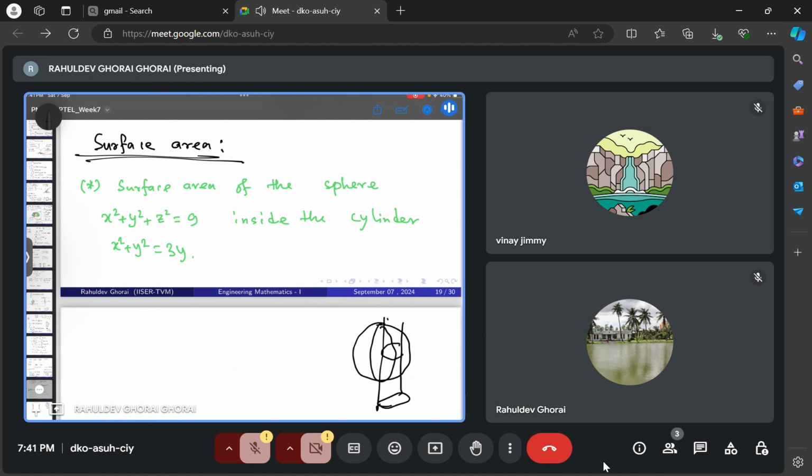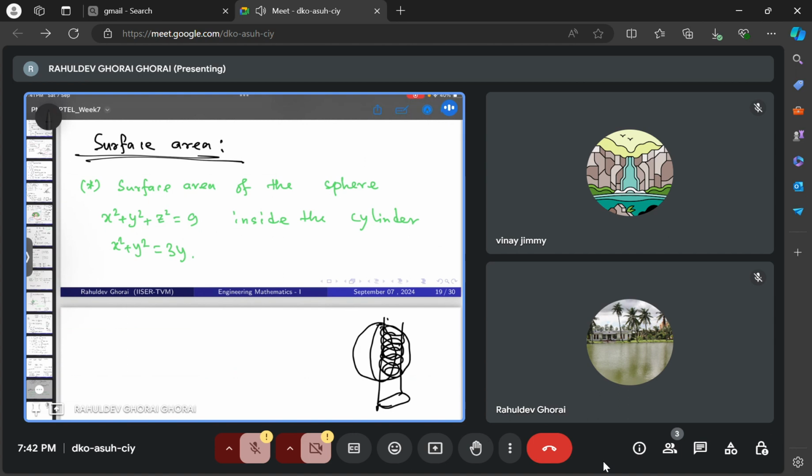So you mainly have to find the area inside the region where they intersect. These are points. So it will intersect here, right? You have to find the surface area where it intersects. The surface area rule is already given.